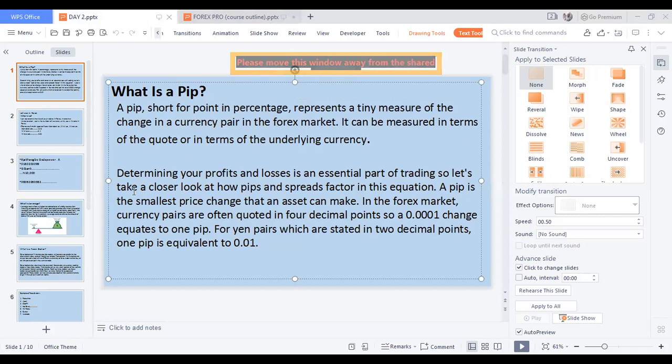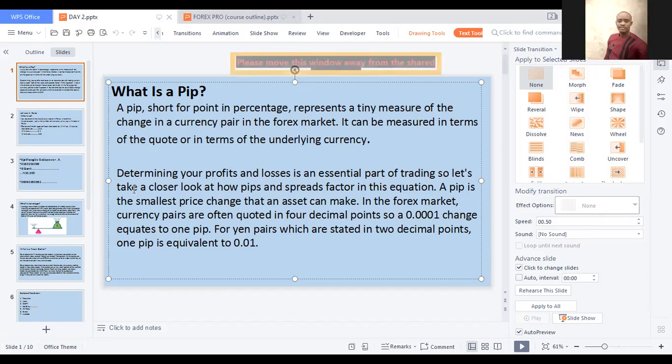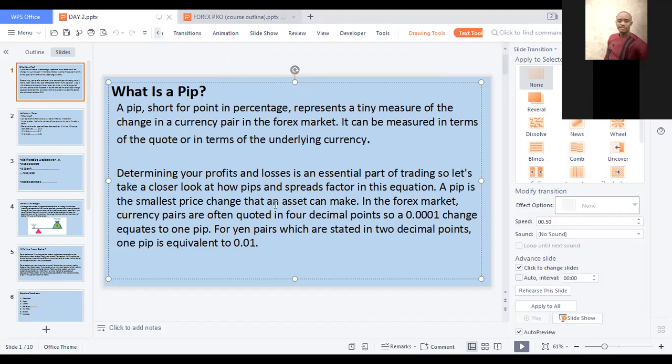Are you with me? That is a pip. Determining your profit and losses is an essential part of trading. So let's take a closer look at how pips factor into this equation. Class, a pip is just a small price change in the market. Let's go deeper.